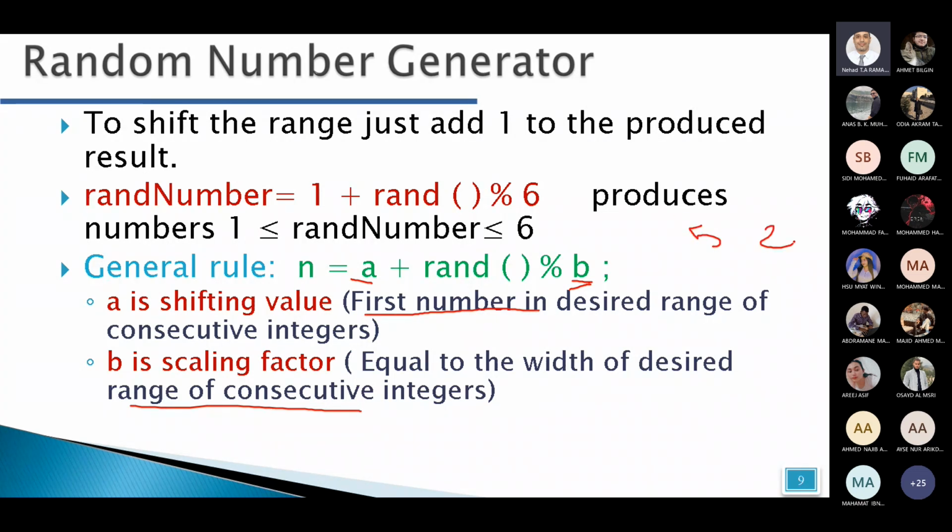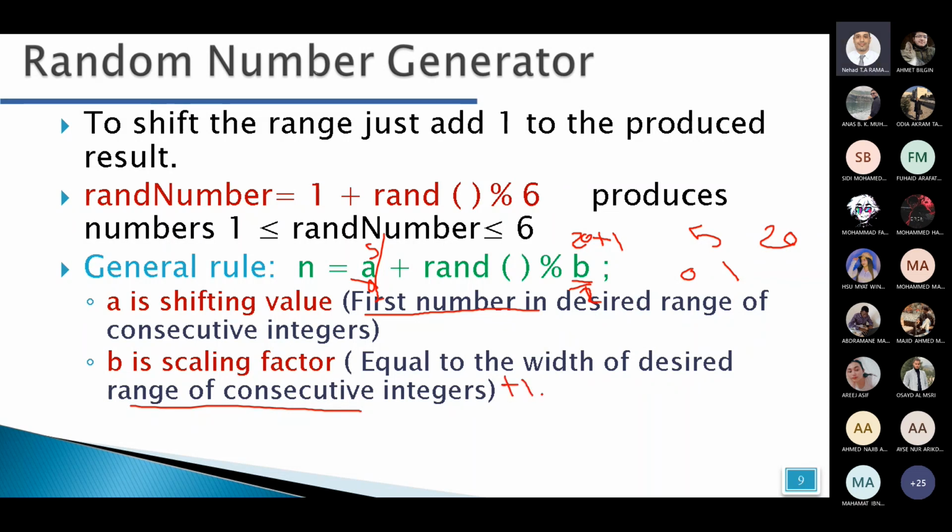So from 5 to 20, this 5, this 20. From 0, 1, this 0, so we don't need it, and this 1, yes? No, 2. This is the last plus 1. The modulus equals the width of the desired range plus 1.